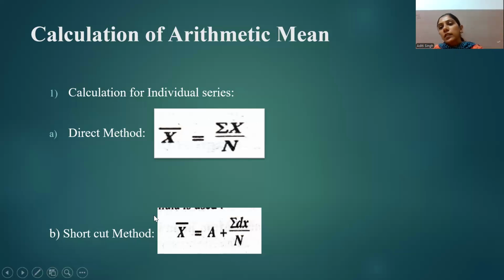So basically the difference between both these methods is the assumed mean. While calculating the mean with the direct method, we will not take any assumed mean, but while calculating the mean with the shortcut method, we will take an assumed mean from the given table.